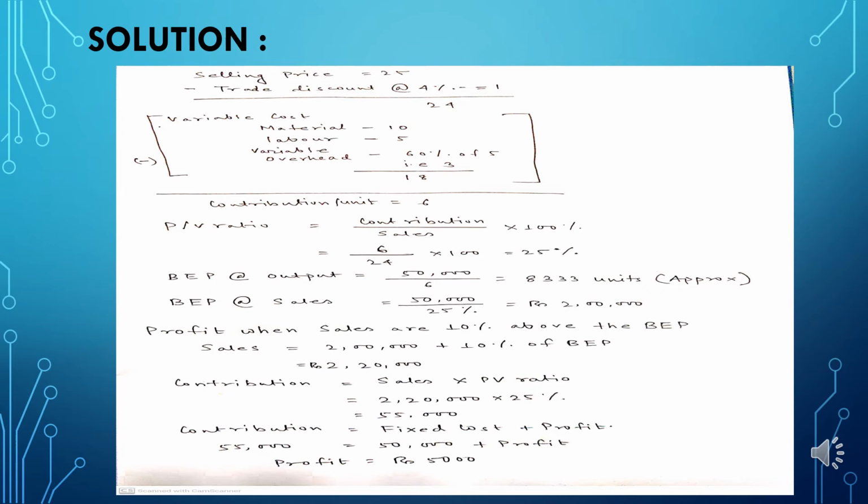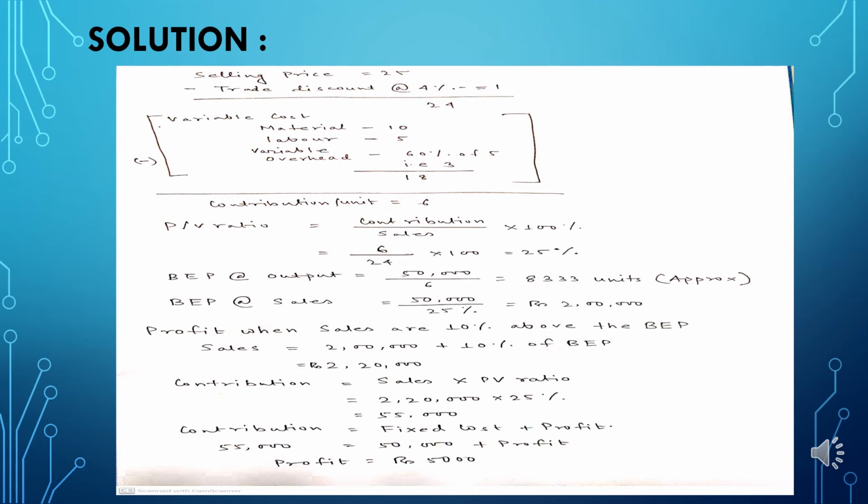So fixed cost is given at 50,000 and we have calculated contribution per unit to be rupees 6, and we are getting the figure at 8,333 units approximately. And if we turn that particular output figure of break-even point into the sales figure, we are getting it at rupees 2 lakh. Now that is the break-even point for sales.